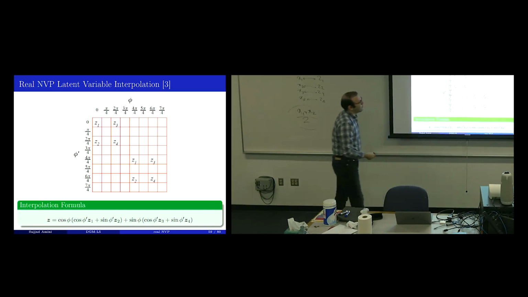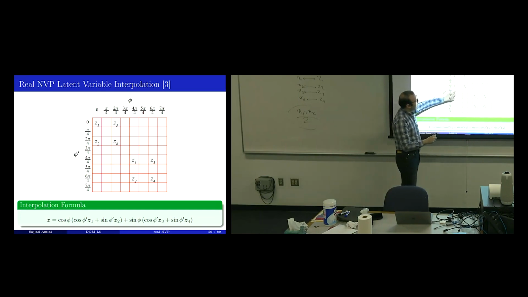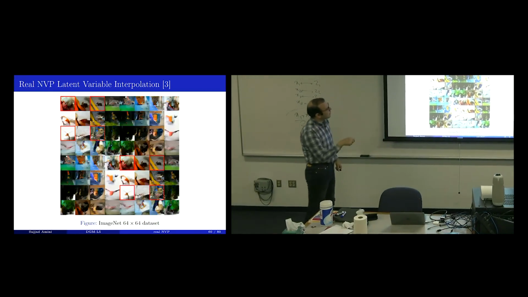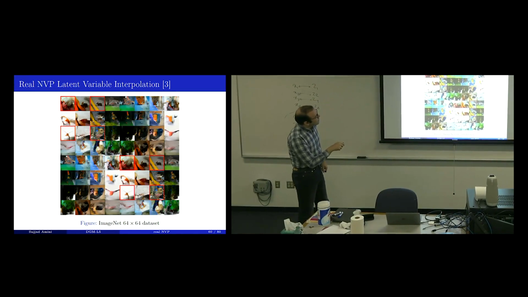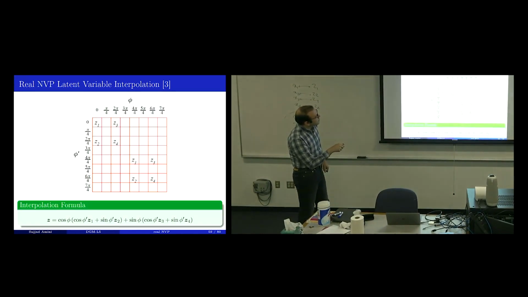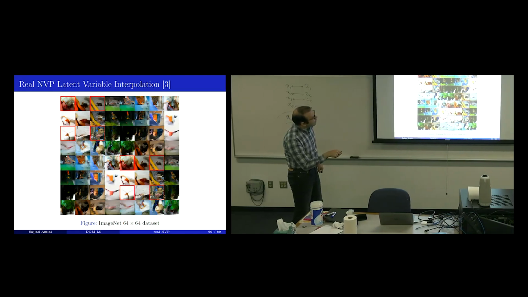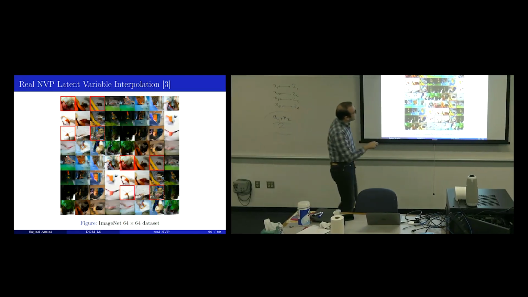What happens if I fill all of them? I have a new Z here, and then use the forward transformation to generate the corresponding X. This is what happened. This is Z1, Z3, Z2, Z4. Again, you see exactly the same images.